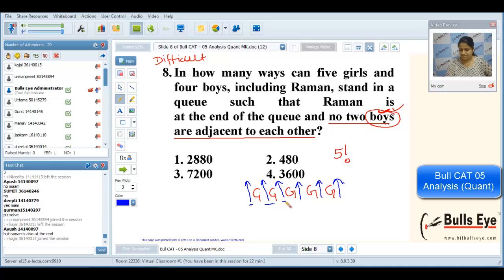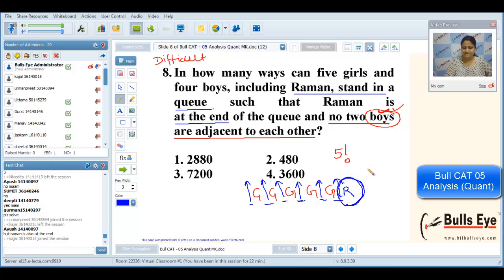For boys, there are 6 places. Now the condition, one more condition. Condition was Raman is at the end of the queue. I am placing Raman here at the end.